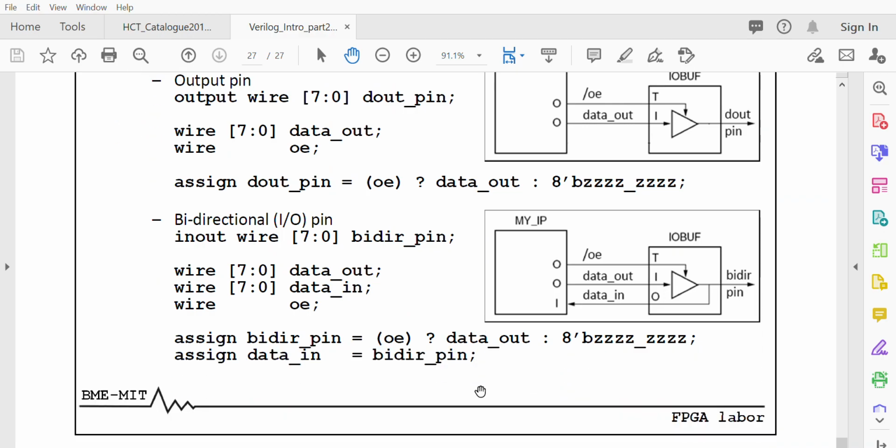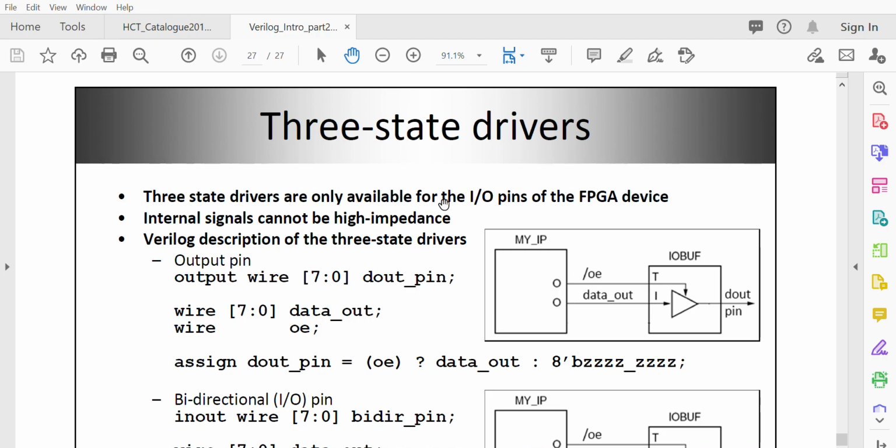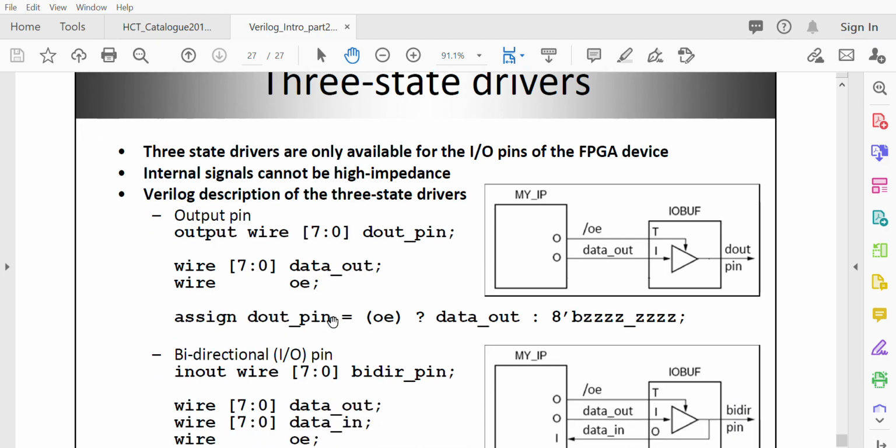Three-state drivers. What is a three-state driver? Three-state drivers are only available for the I/O pins of the FPGA device. Internal signals cannot be high impedance, cannot have tri-state inside. So, Verilog description of three-state drivers: output wire out_pin, and then you have the wire data_out, and then output enable. Assign out_pin, you are using OE as the enabler.